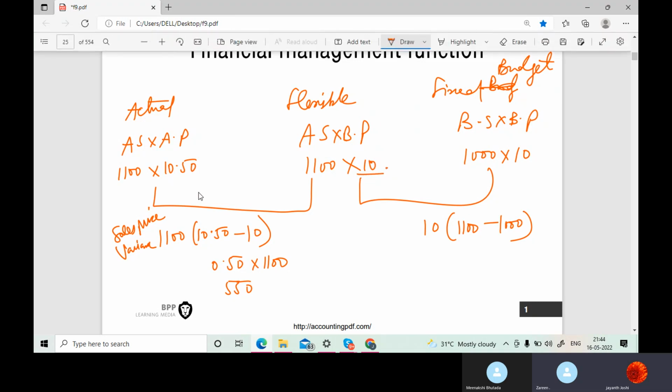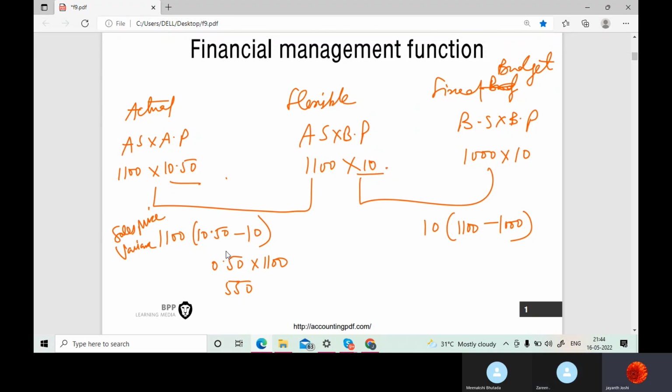But it was 0.50 more. Is it good or bad? It's sales variance, so it's good. We thought that we will sell at 10, but we were able to sell 0.50 extra.